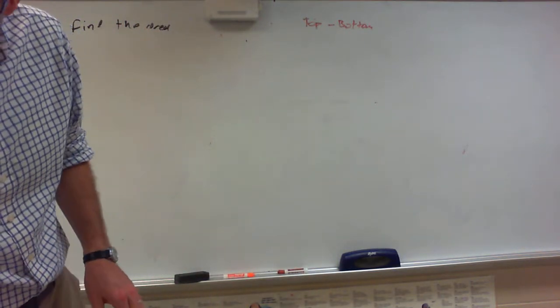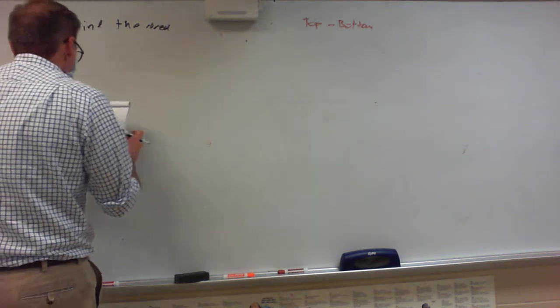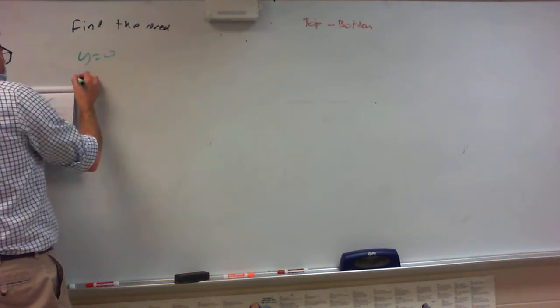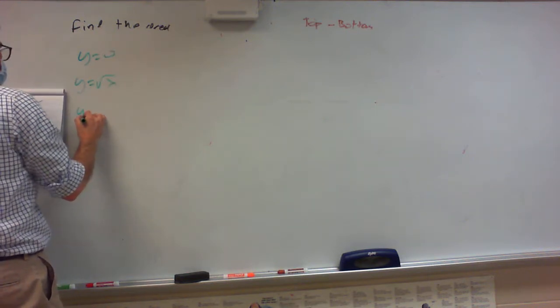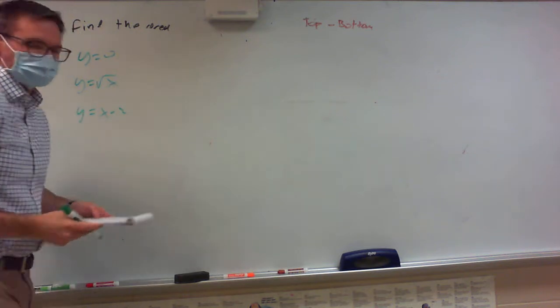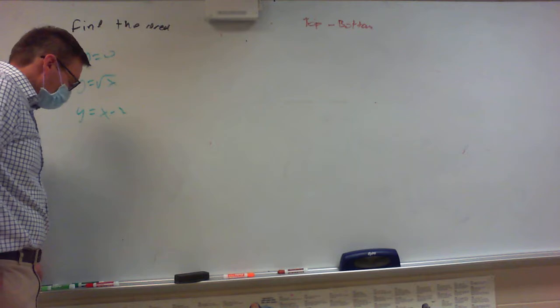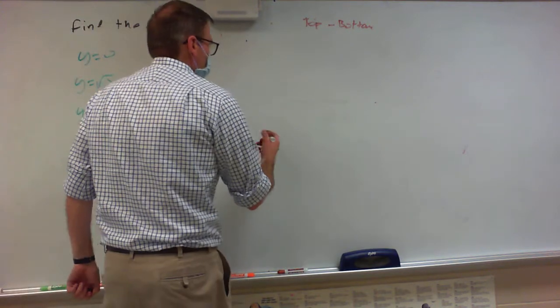All right. So now, what about find the area bounded by the region y equals 0, y equals the square root of x, and y equals x minus 2. Okay, so let's draw a picture.